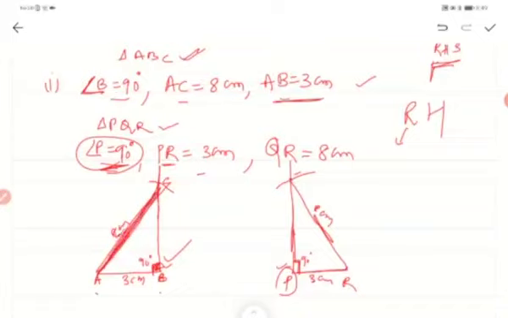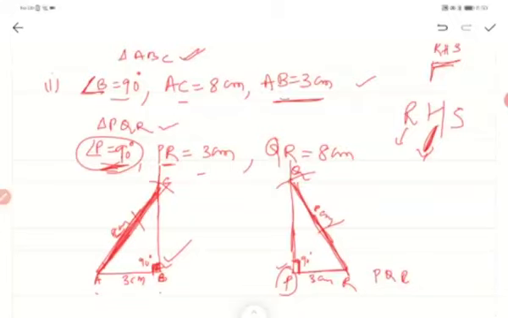So here it is 8 centimeter, and in triangle PQR, where is the hypotenuse? This one, opposite to 90 degrees. So this is 8 centimeter, this is 8 centimeter. So hypotenuse is also equal. Now what about the side? So hypotenuse and one side should be same, right?